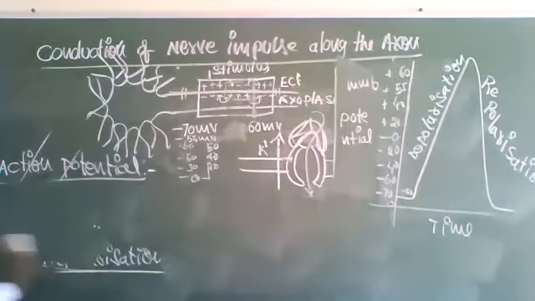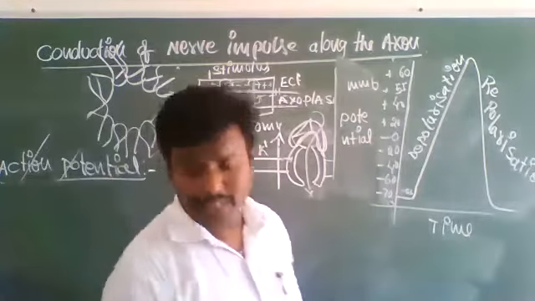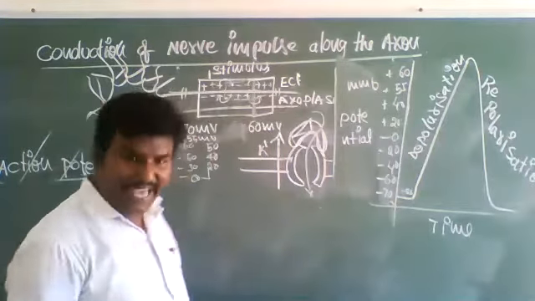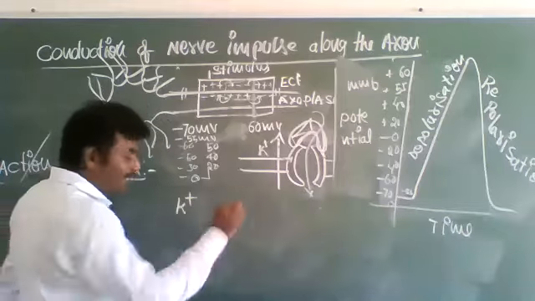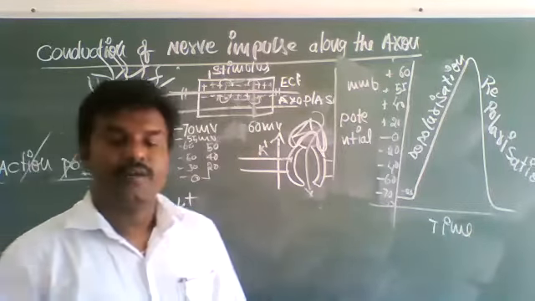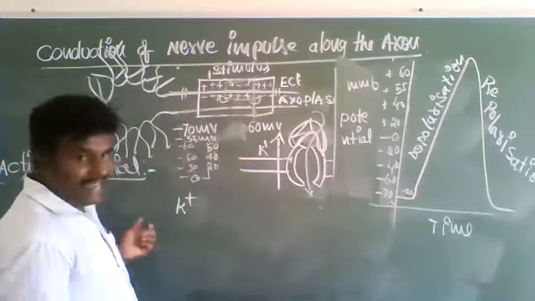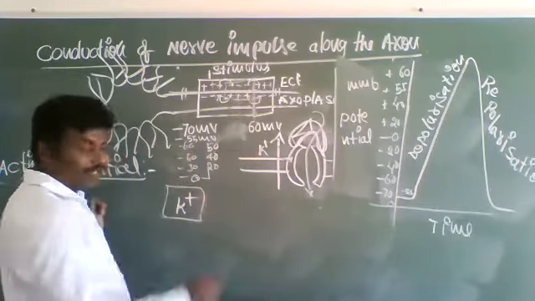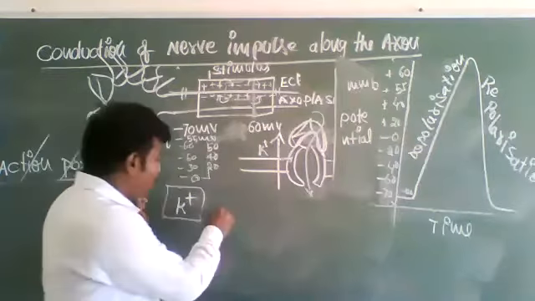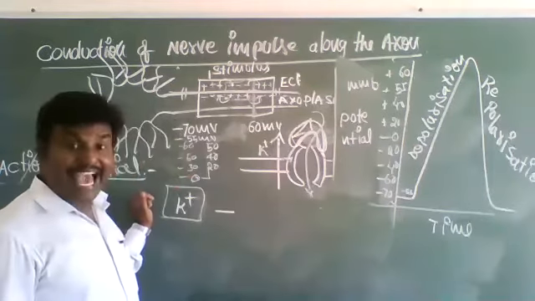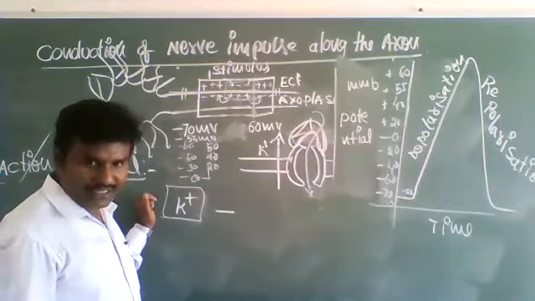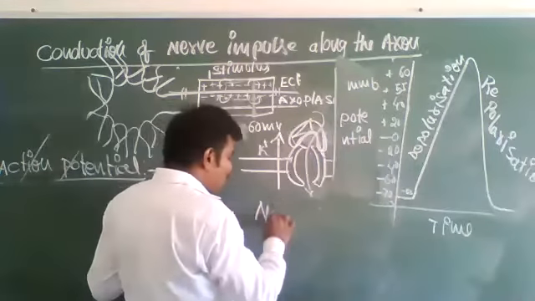While resting, the potential is defined by potassium ions. During action potential, the membrane potential is defined by sodium ions.